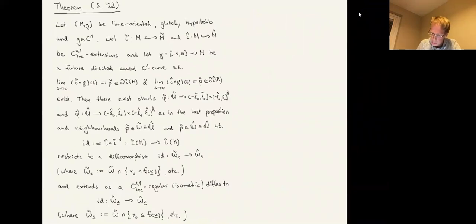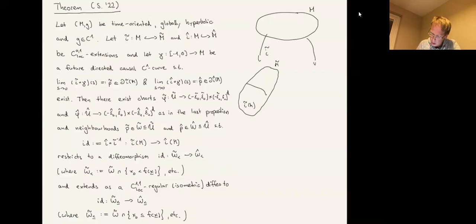Here we start with our time-oriented and globally hyperbolic Lorentzian manifold, where we need that the metric is at least C1. And I have two local Lipschitz extensions, M tilde and M hat.